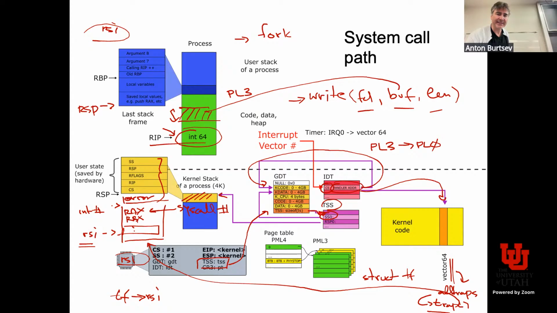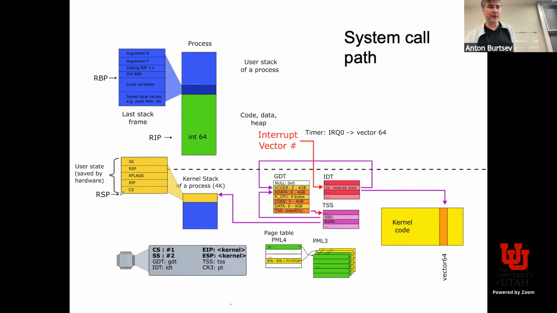Sure. How will we access system call argument number 7? Where is it now? Let me actually erase everything on this slide to make it a little cleaner. So I will redraw here the error code, syscall number, or, well, interrupt number, and all the registers like RAX, RBX, and so on, up to R15, on top of this stack, right?